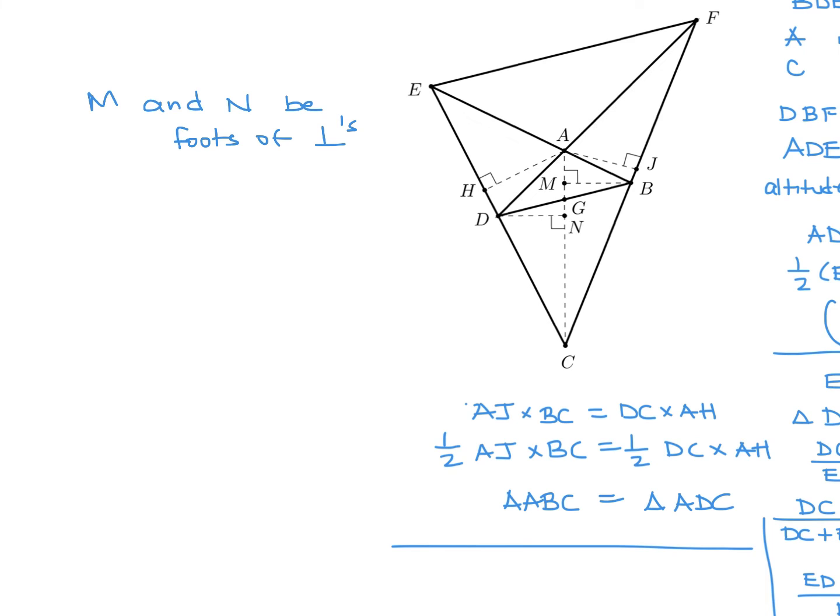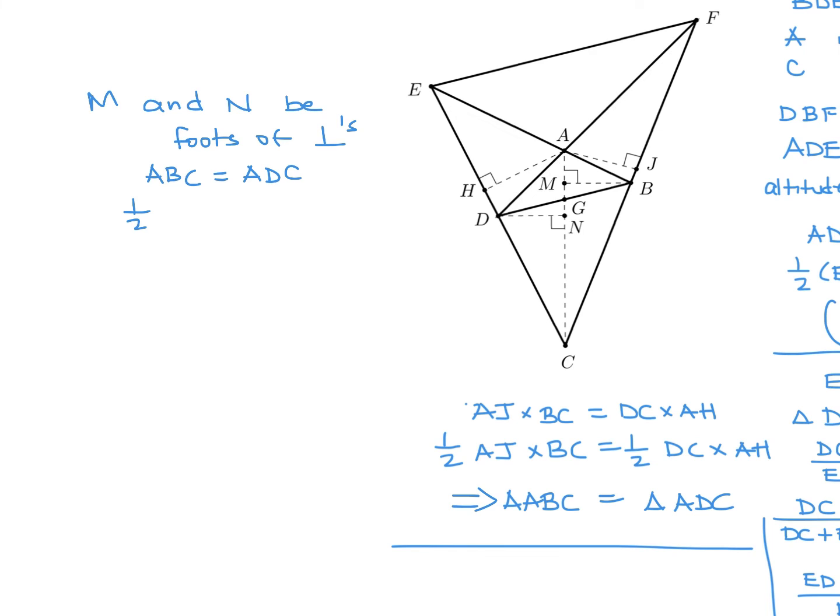Now we have concluded over here that triangle ABC is equal to triangle EDC in terms of its area. So that means that 1/2 ABC, if we use this as a height, which is going to be BM, and this now as a base, we can write it as follows.